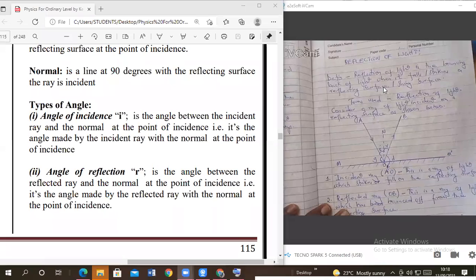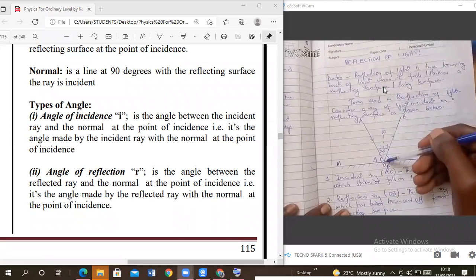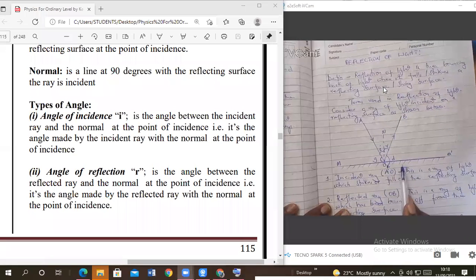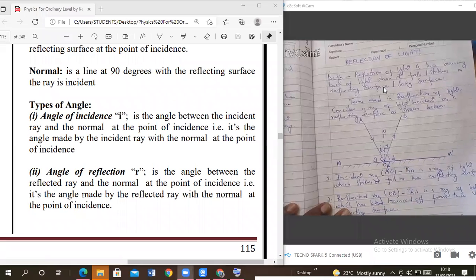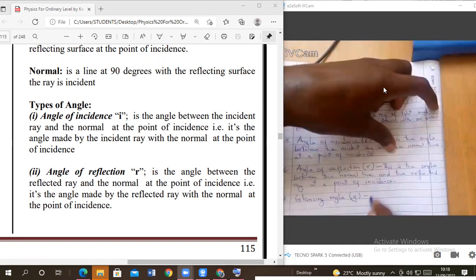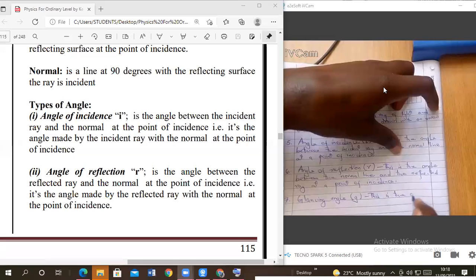It is the angle between the incident ray and the reflecting surface at the point of incidence. Yes.